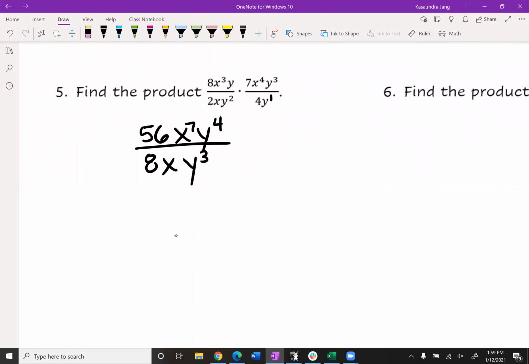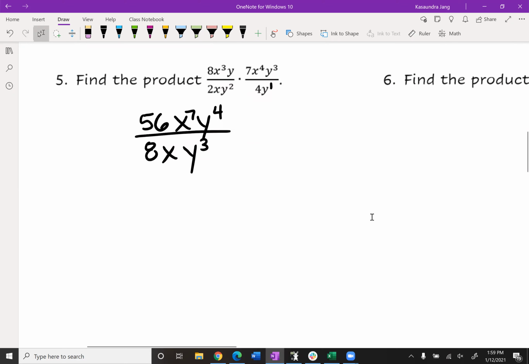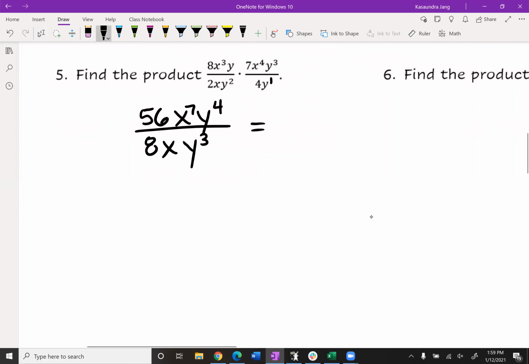Okay. Let's see here. Kate, you're at home, right? Nice, Kate. So Kate, can you do the division simplifying? What's your 56 divided by 8? Seven, all right.